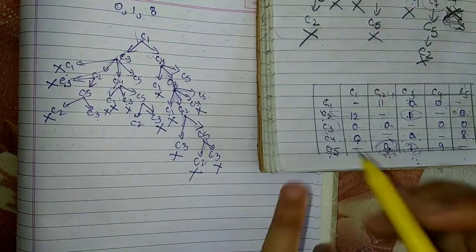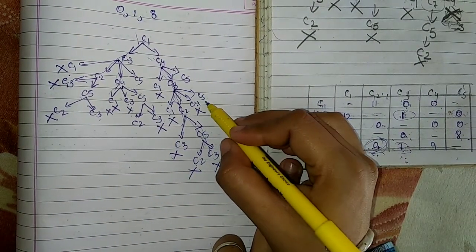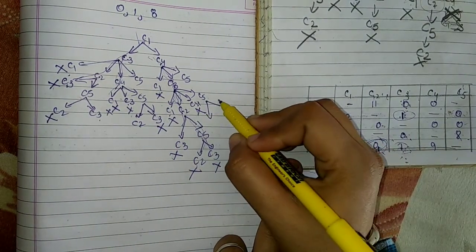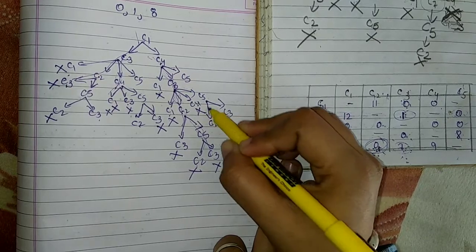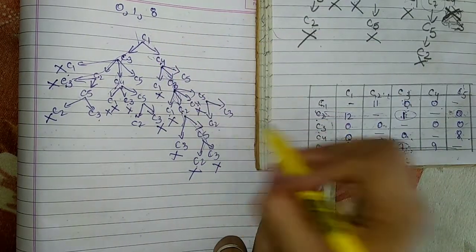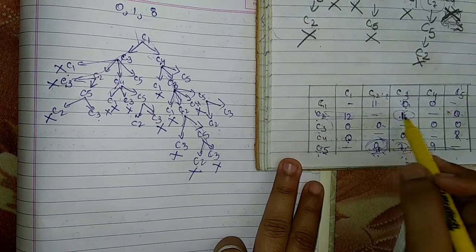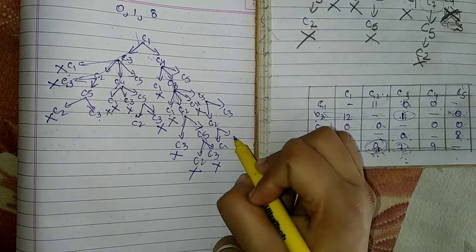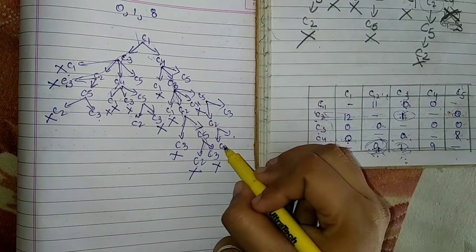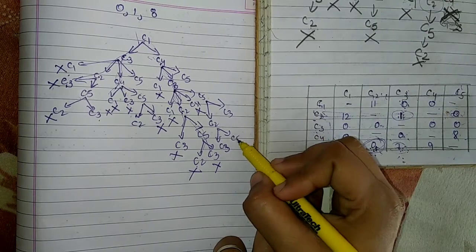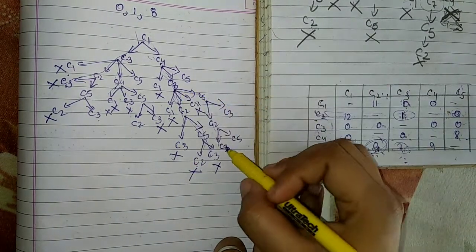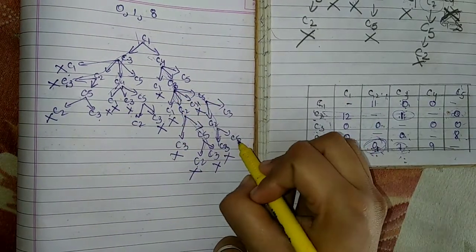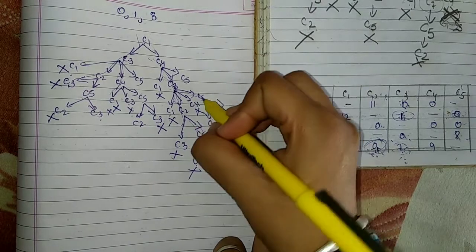Now C5, C2 and C3. C2, 1 or 0, C2, C3 or C5. C3 is unfavorable because it is already covered here. C5 is unfavorable because it is already covered here.